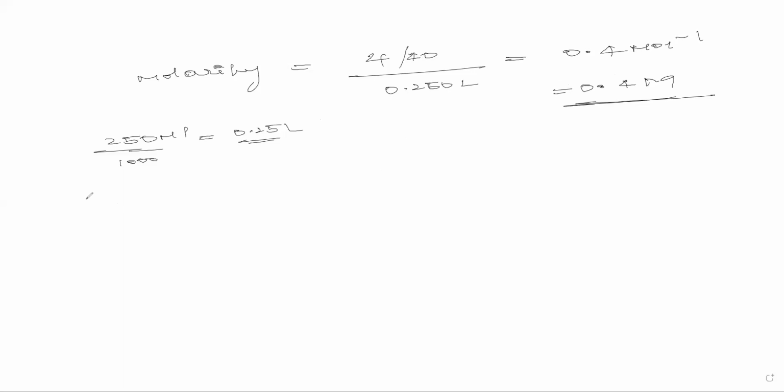Coming to the next numerical: the density of a 3 molar solution of NaCl is 1.25 gram per liter.